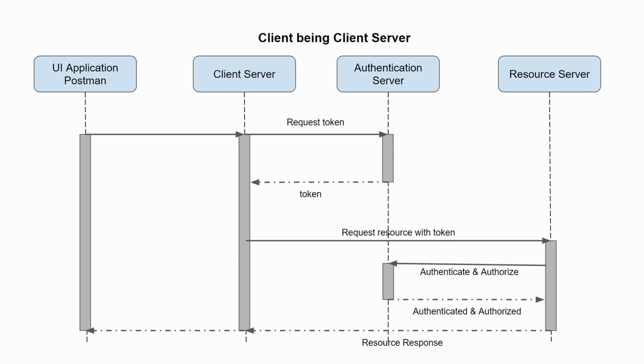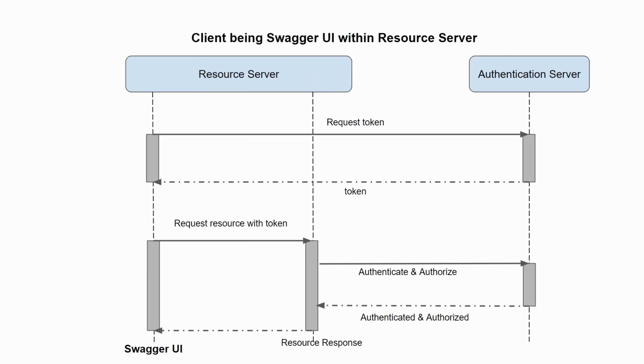So the third architecture would look like this when you are using your resource server itself as the UI for testing. Usually what happens is whenever you're implementing a backend application and you have an independent front-end application being developed, you want to test your REST APIs using the Swagger UI, and this Swagger UI can be added to your application using some libraries.